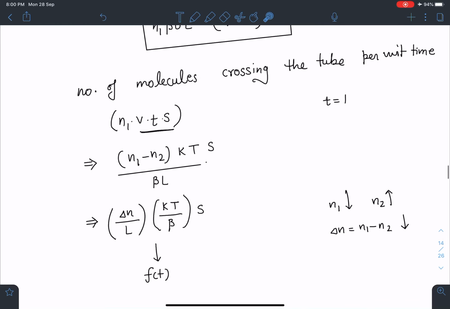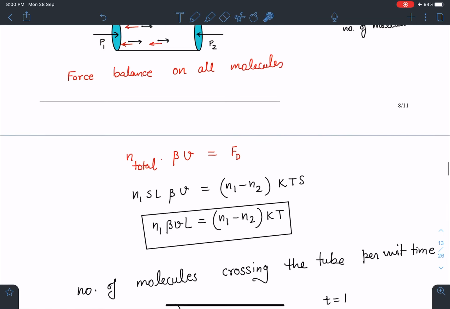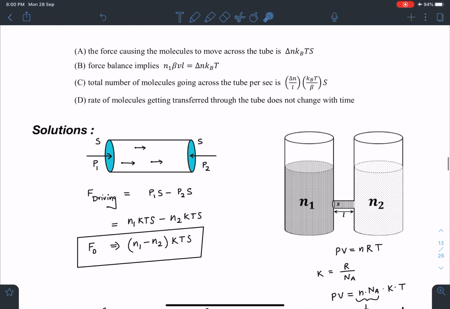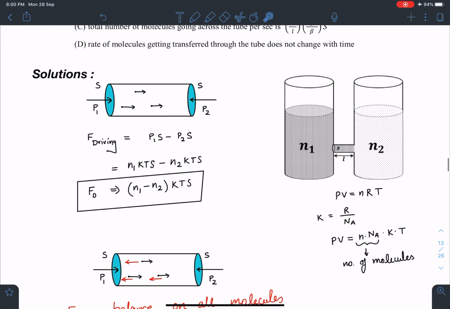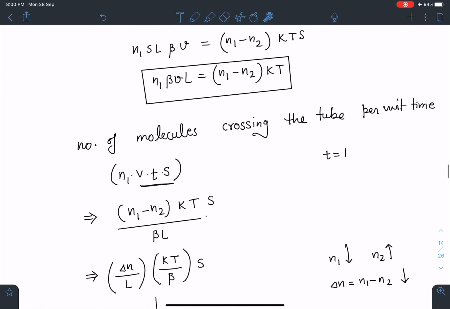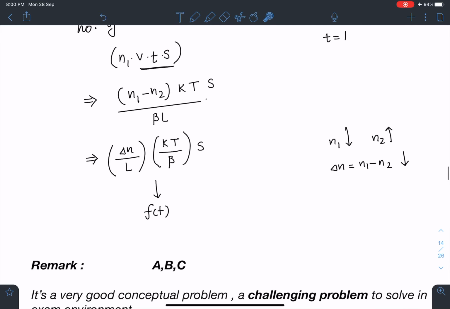Now in the fourth part, the rate of molecules getting transferred through the tube does not change with time. But if you see, as time passes, the number of molecules are decreasing on the left side and increasing on the right side, so N1 will be decreasing, N2 will be increasing, or delta N overall is decreasing.